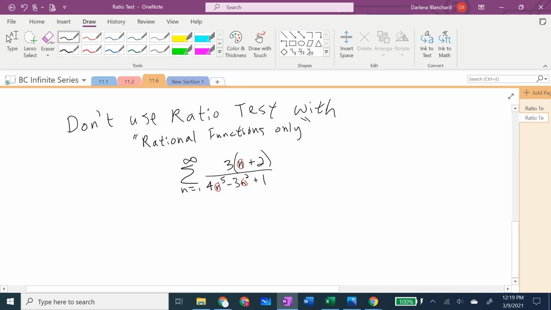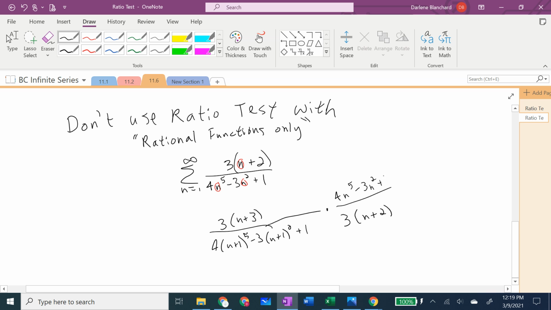Okay, if I replace n with n plus 1, and then I multiply by its reciprocal, if I'm looking at a limit as n approaches infinity, then I am looking at my largest degree term.